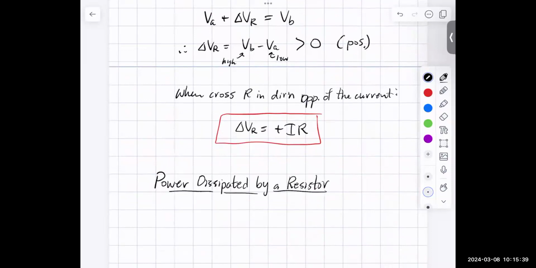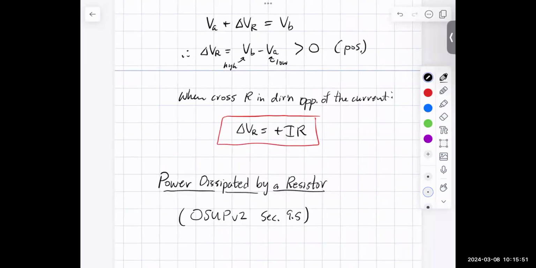So just to orient ourselves, we are in OpenStax University Physics, Volume 2, Section 9.5. And so that's the last section that we'll do of Chapter 9.